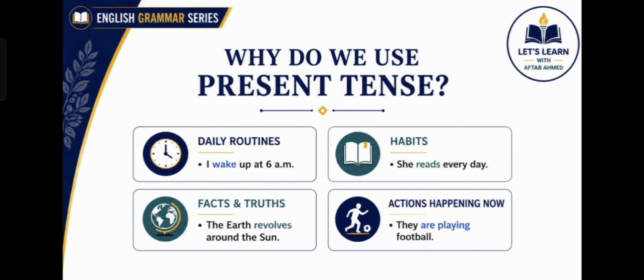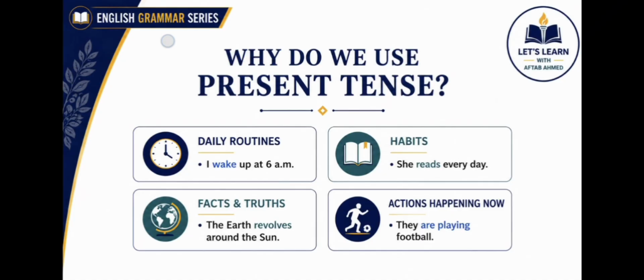We use it every day when talking about our routines, habits, facts, and actions happening around us. For example, "I wake up at 6 a.m." It describes a daily routine. "She reads every day." It describes a habit.